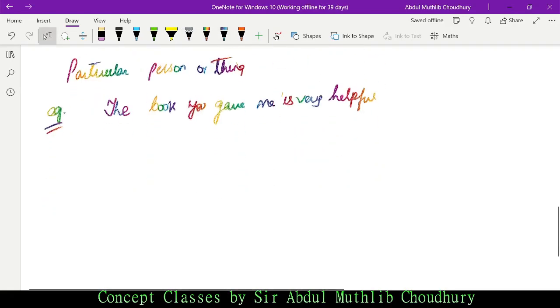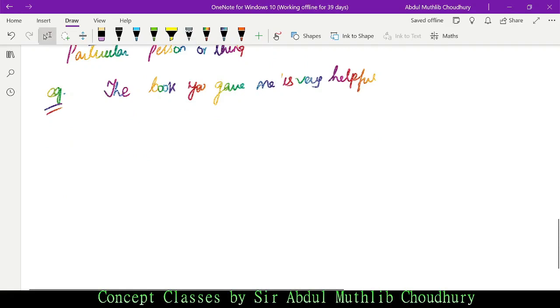When I say the book, it is referring to one particular book. If you have read The Alchemist, suppose the speaker here is talking about the book Alchemist. So the book you gave me is very helpful.